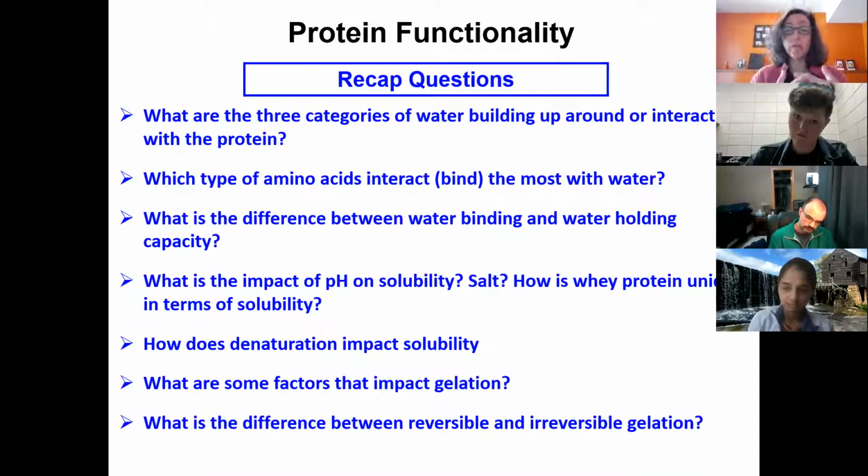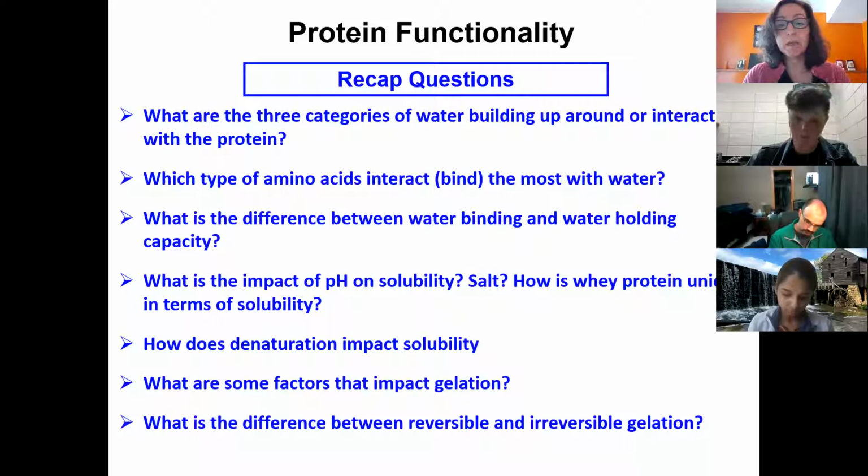Yes, when you have OH that can ionize at alkaline pH, it loses its hydrogen, so it becomes negatively charged, and also sulfide groups can lose their hydrogen and become ionized. So at alkaline pH, proteins tend to have higher solubility than at acidic pH.